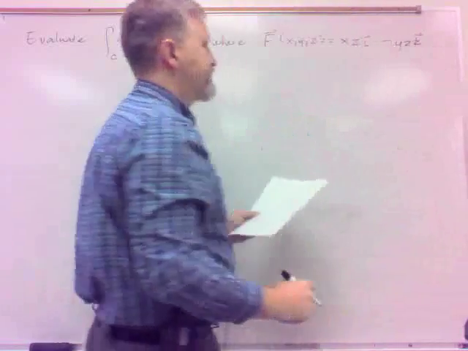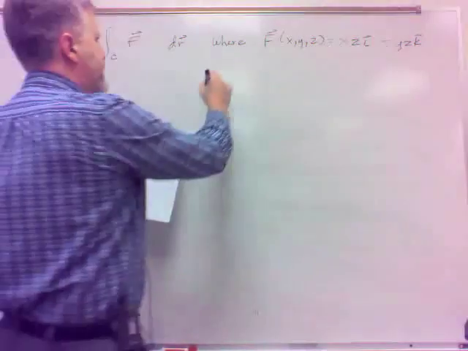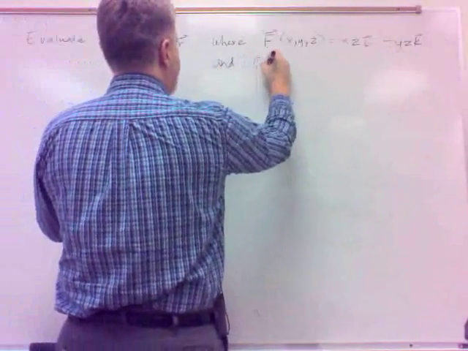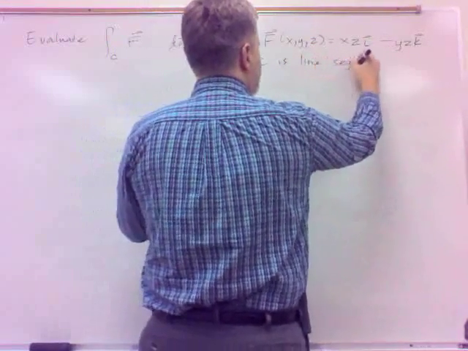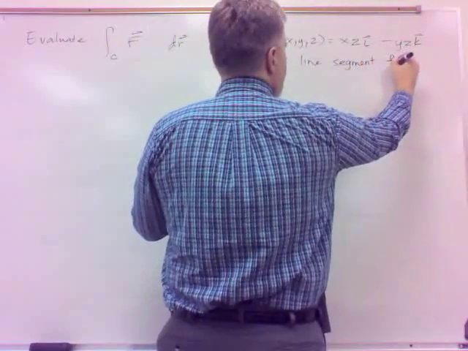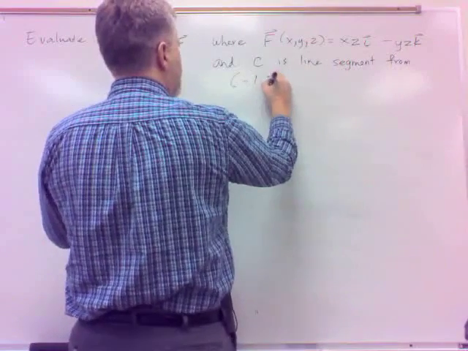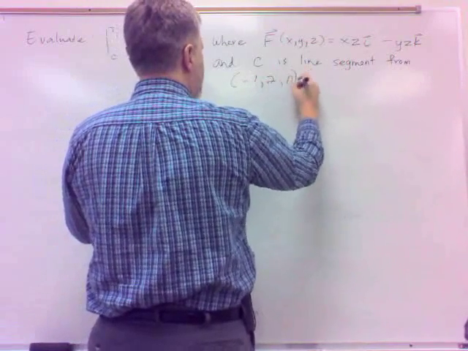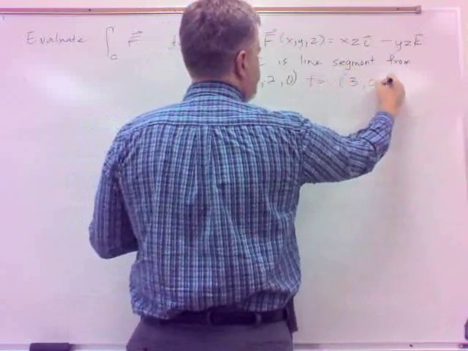No j component for the vector field. And C is the line segment from (-1, 2, 0) to (3, 0, 1).